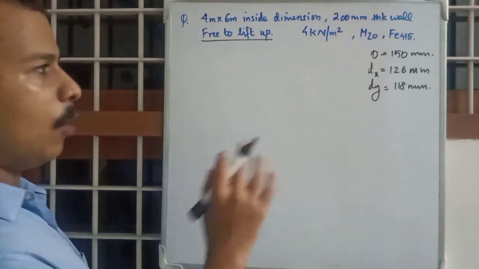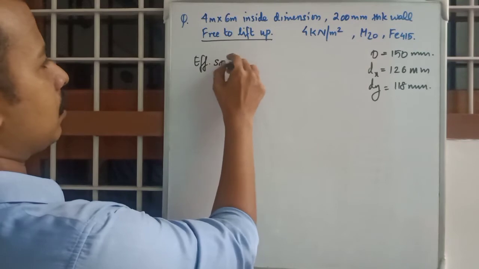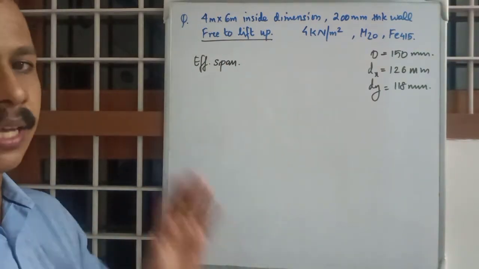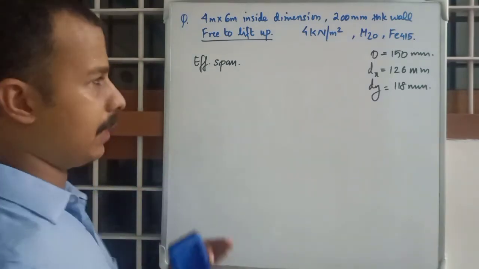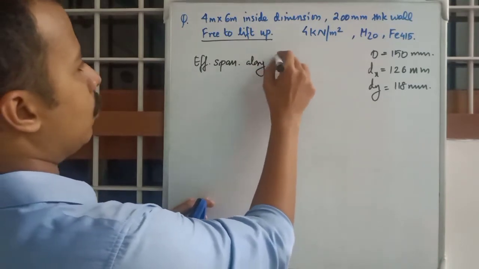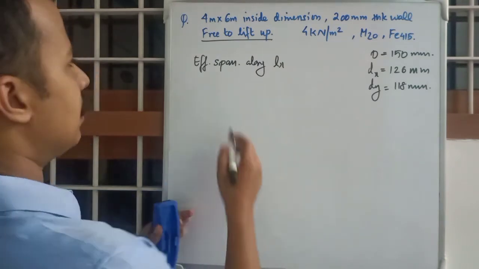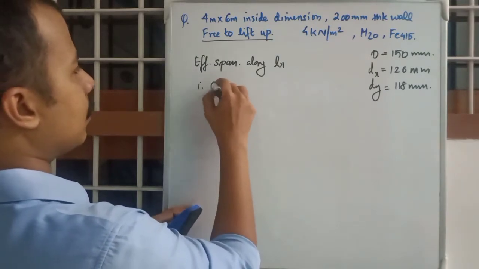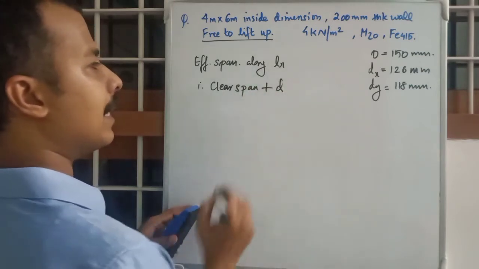Now we are going to calculate effective span. In two-way slabs, the effective span will always be with respect to the shorter span, Lx span. So effective span along Lx will be the same criteria, nothing changes. First one is clear span plus d.